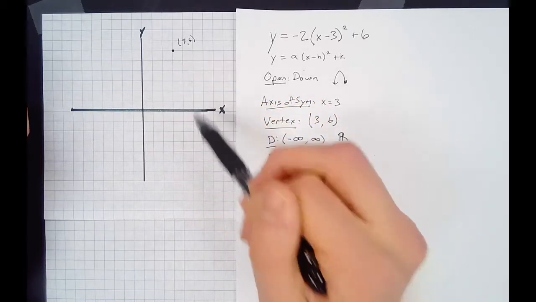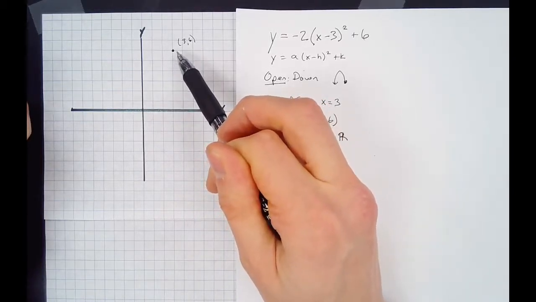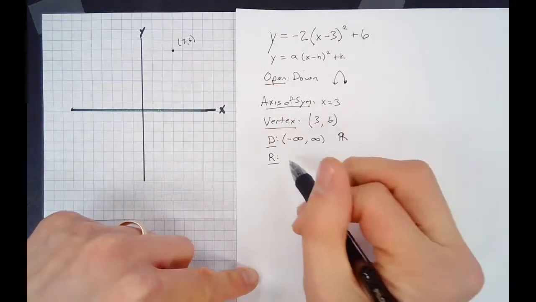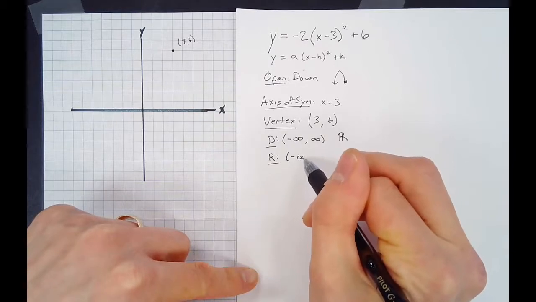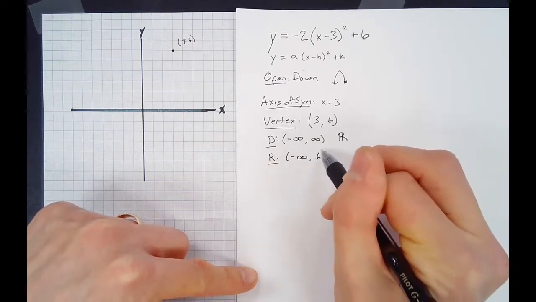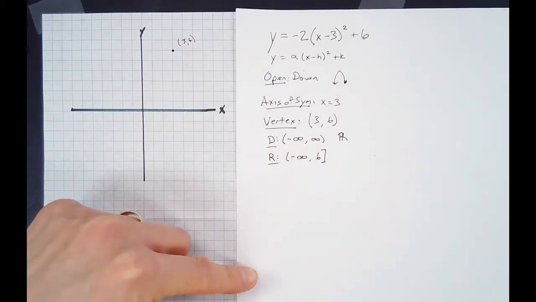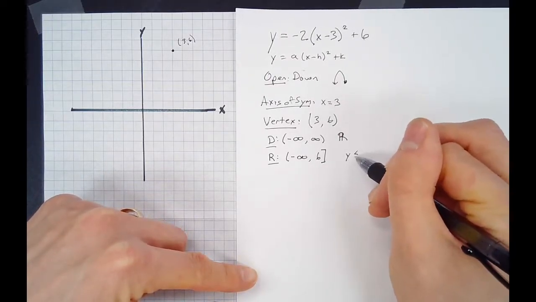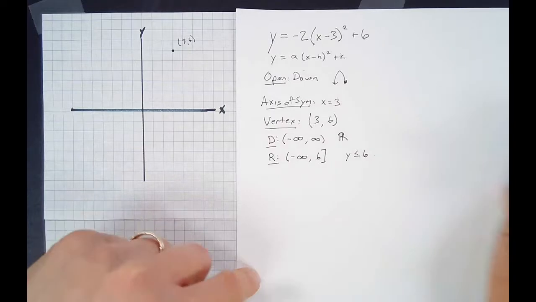So that is the highest y value I'm going to have, 6. So everything has to be lower than that. So my range starts at -infinity, goes to 6, and includes the 6. If I wrote that as an inequality, it would be y less than or equal to 6.